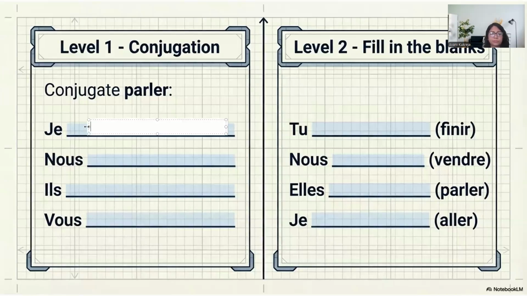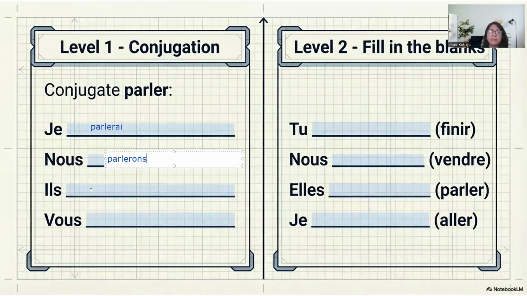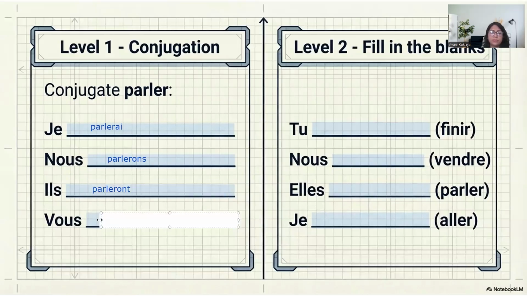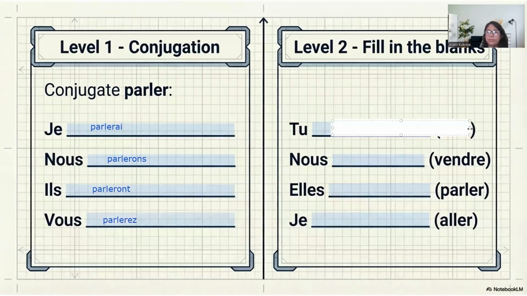Je parlerai. Nous parlerons. Ils parleront. Vous parlerez. Tu, the verb is finir.